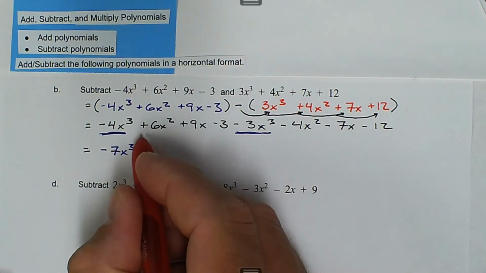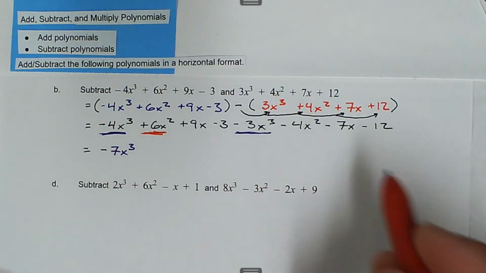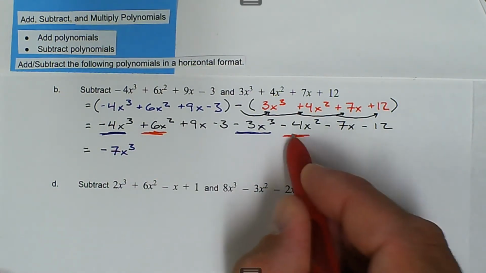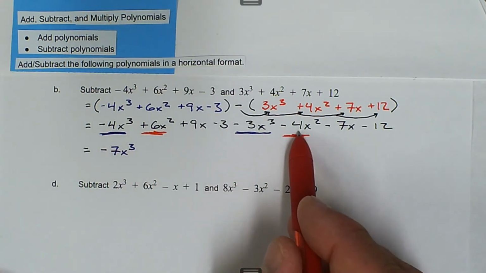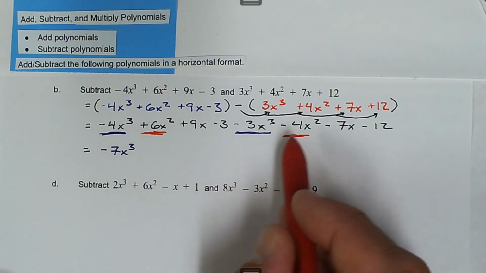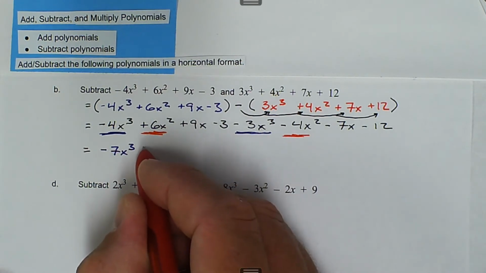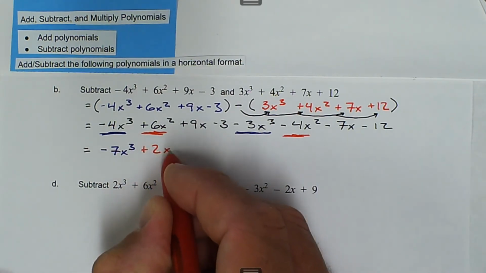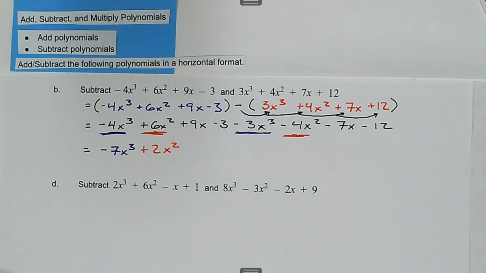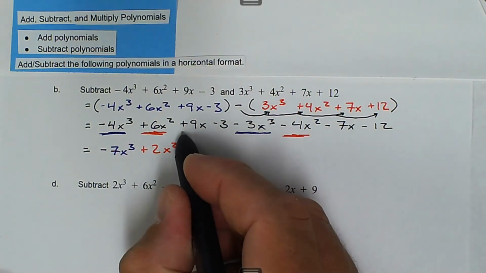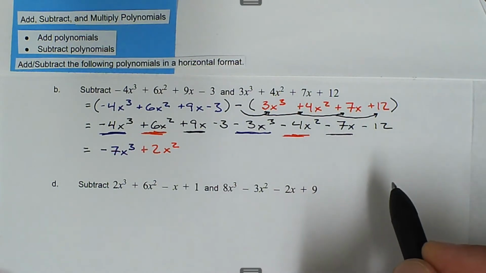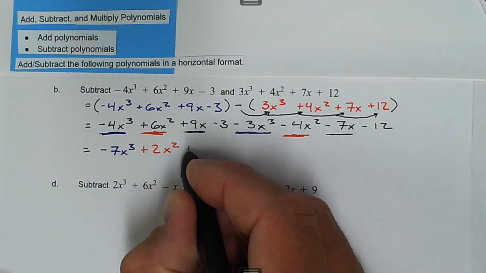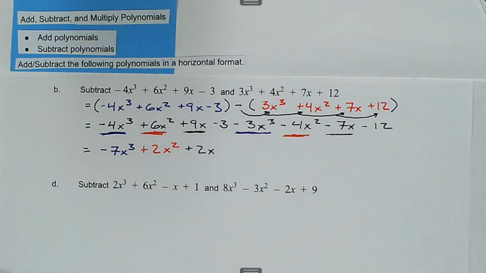The next one we have is squared. So we have 6x squared minus 4x squared, so that's 6 minus 4, which is going to be plus 2x squared. Then we have the linear term, or just the x, so 9x minus 7x becomes positive 2x.